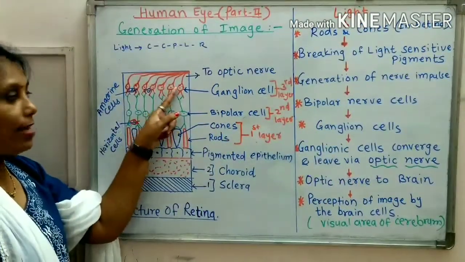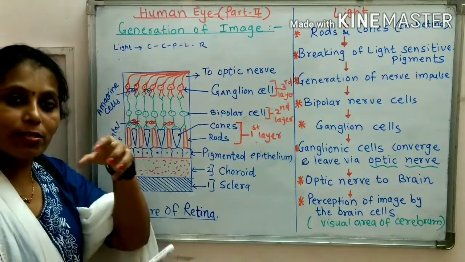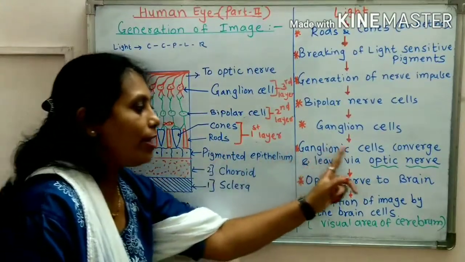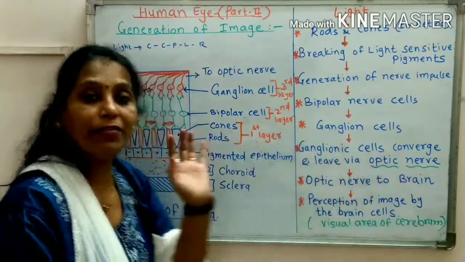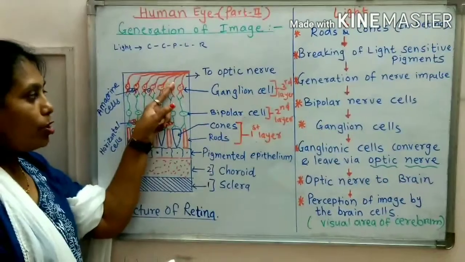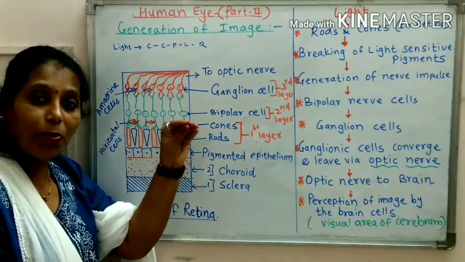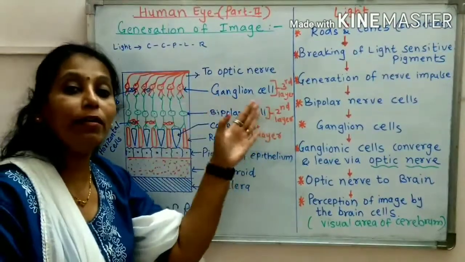The axons of these ganglion cells all come together and converge, and leave via the optic nerve. They are carrying the impulse, and they leave the eye as the optic nerve.